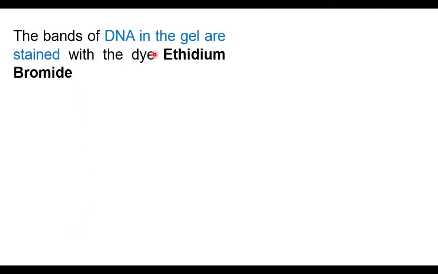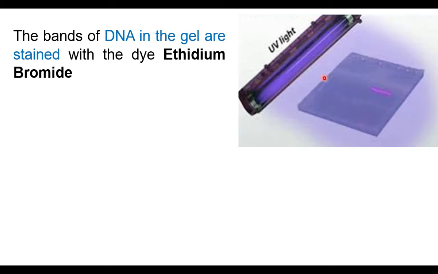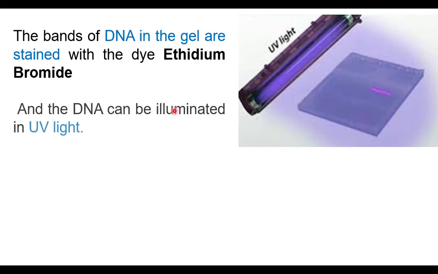The bands of DNA in the gel are stained with the dye ethidium bromide. Ethidium bromide will be added with a buffer solution, or will be added after the bands are formed, to stain DNA. The ethidium bromide is absorbed by the DNA, and the bands are illuminated by UV light. DNA can be illuminated in UV light, and the UV light illumination makes the bands visible.